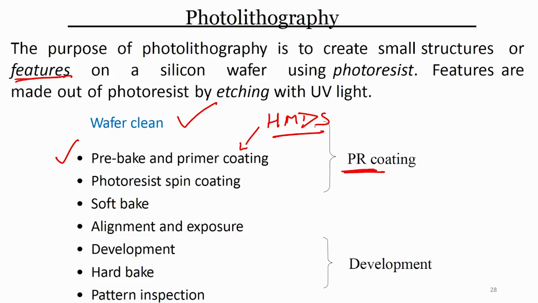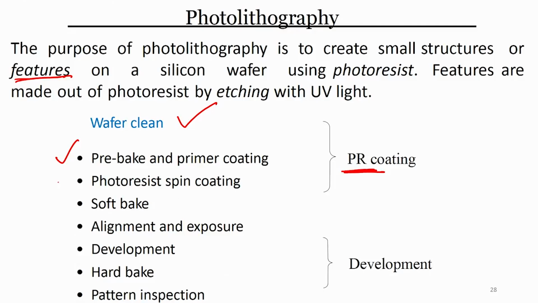This is your primer. For improving the adhesion of photoresist onto the oxidized silicon substrate or onto the metal over the oxidized silicon substrate, sometimes we use a primer called HMDS. So, the first step is your pre-bake and primer coating.